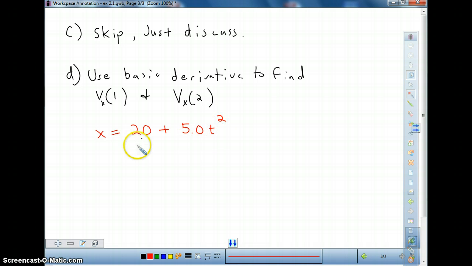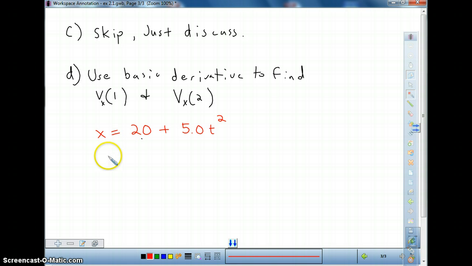This is the function of position and time. If you haven't learned it already, it's the simple power rule of calculus to take what we call the derivative of this. The derivative is basically taking the slope of a line at any given instant. We're trying to find the instantaneous velocity at 1 second and 2 seconds, not the average like we did in Part B.